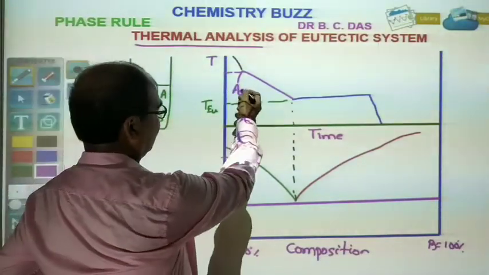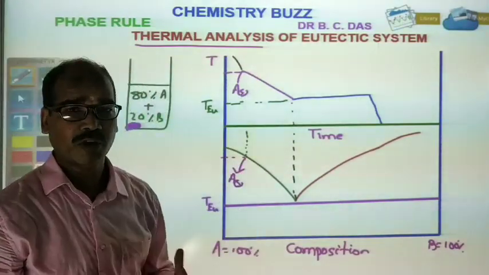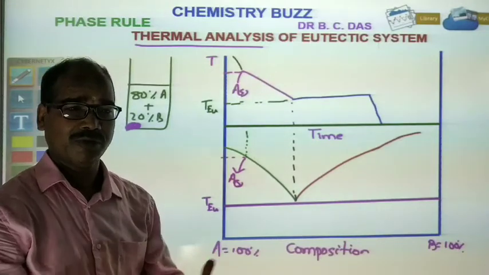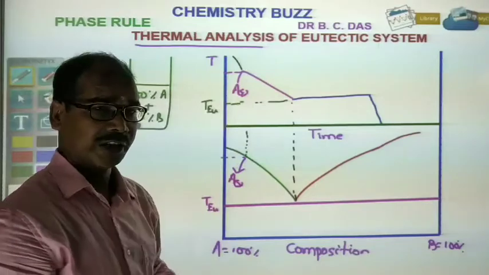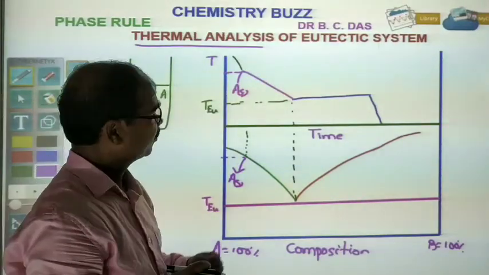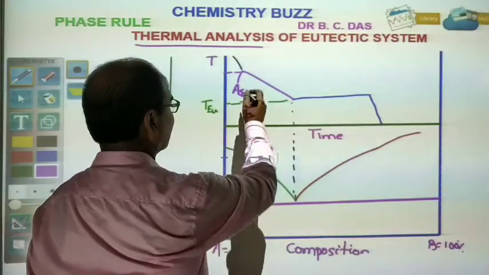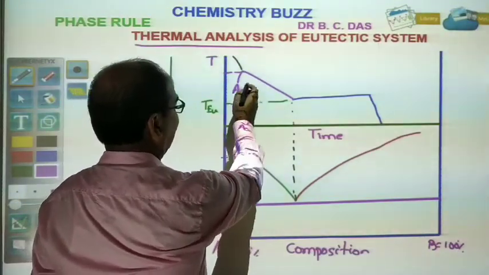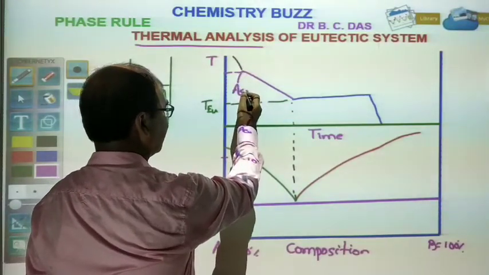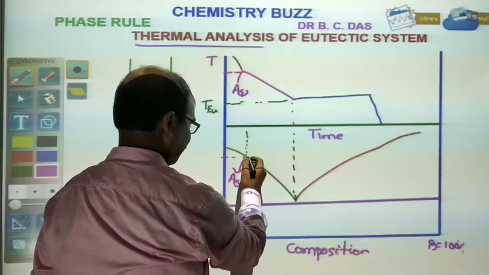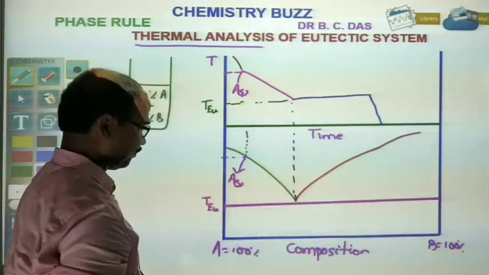When solidification of A starts, what happens? The solidification is an exothermic process. The system gives up heat to the surroundings, and as a result of solidification, the crystals are formed. So it is a slow process, and at this temperature, first solidification of A starts, and this is in equilibrium with the solution.